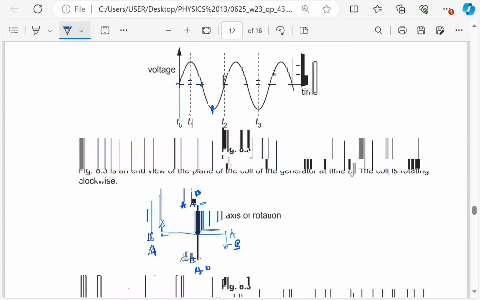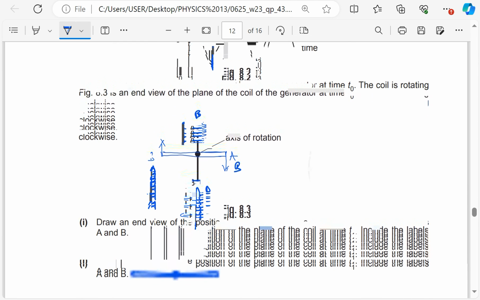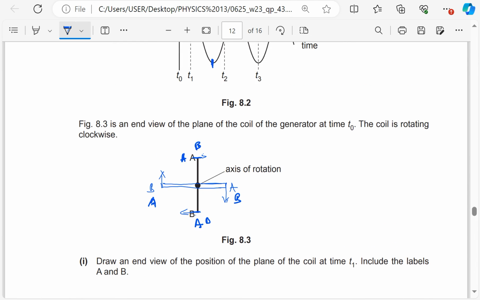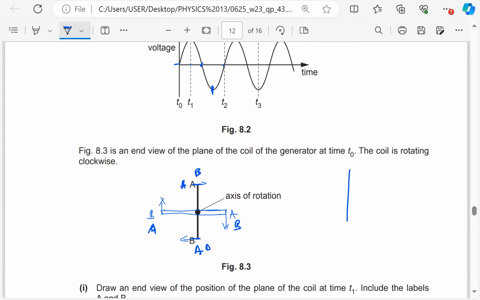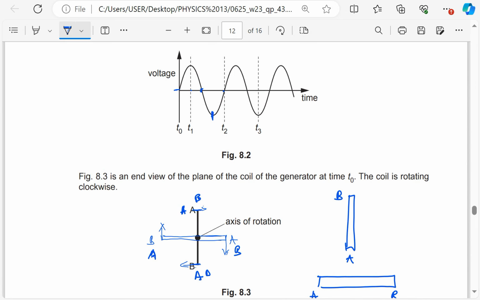Let me see again. At t equals 0, we have that. At t equals a quarter, we have that. At half a cycle, we have this, and this is going to become A, and this will become B. Then at 3/4, it now becomes horizontal. A comes here, and B comes here. So where is T2?